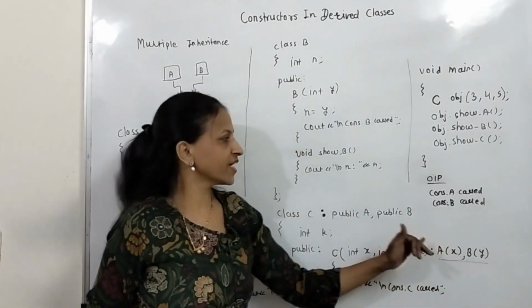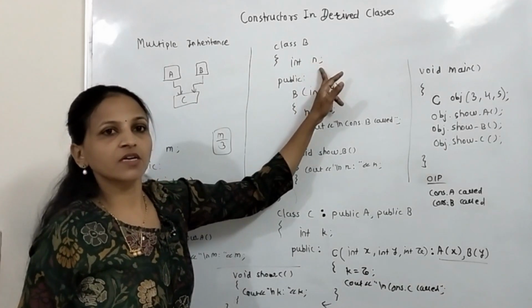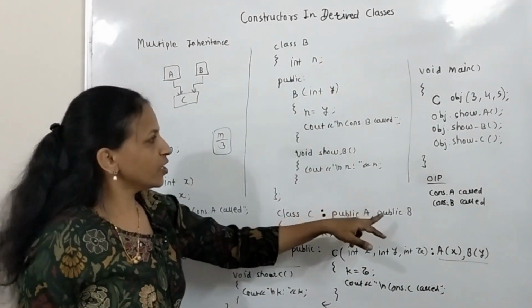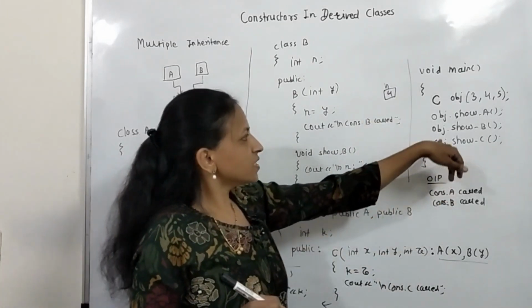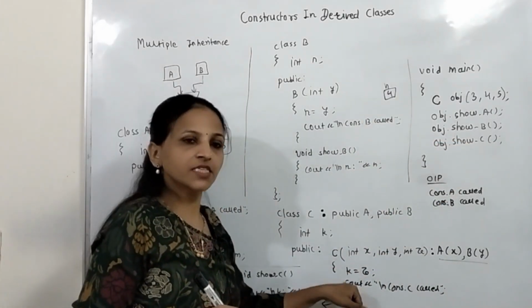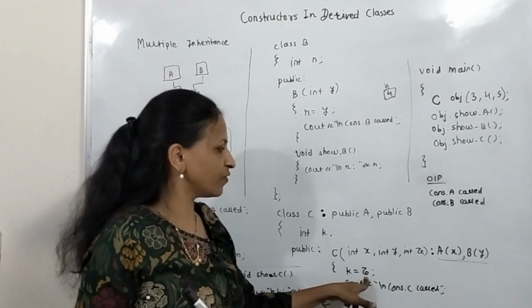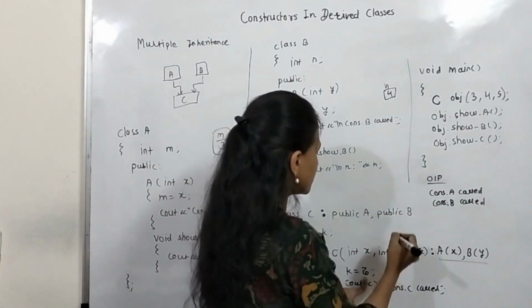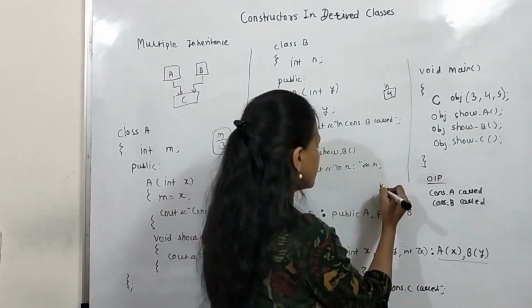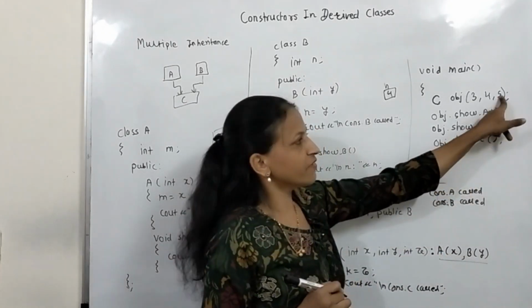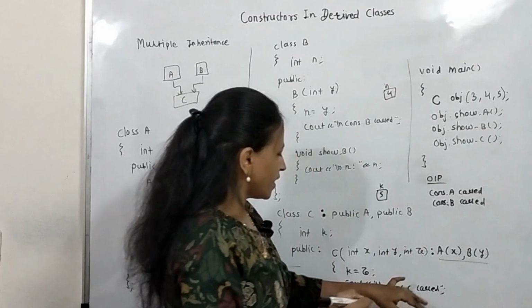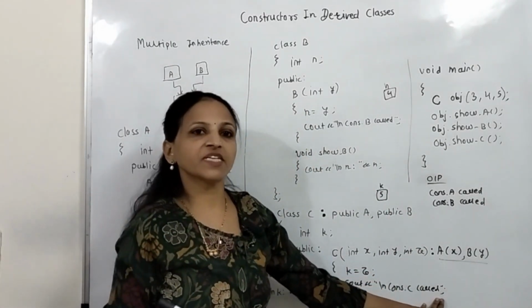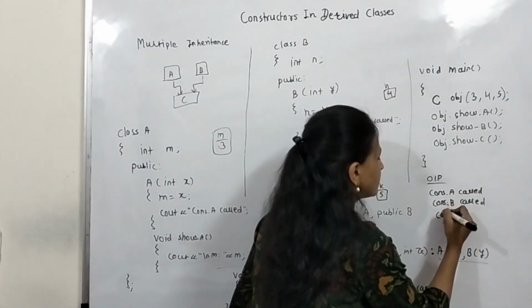That message you will get, and to the N member of class B the value 4 will be assigned. And then next, this will be executed. To K, the Z value will be assigned. K means in this class K is there, and to that the third value, whatever you are passing, 5, will get assigned. And now the message "constructor C called" you will get onto the output screen.